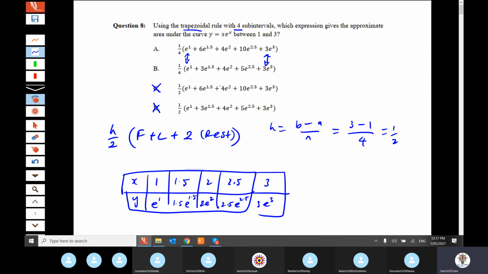I think we know the answer is actually not A now, and it's B. Why? Because what's 2 times the middle? 2 times 1.5 is 3. 2 times 2 is 4. 2 times 2.5 is 5.